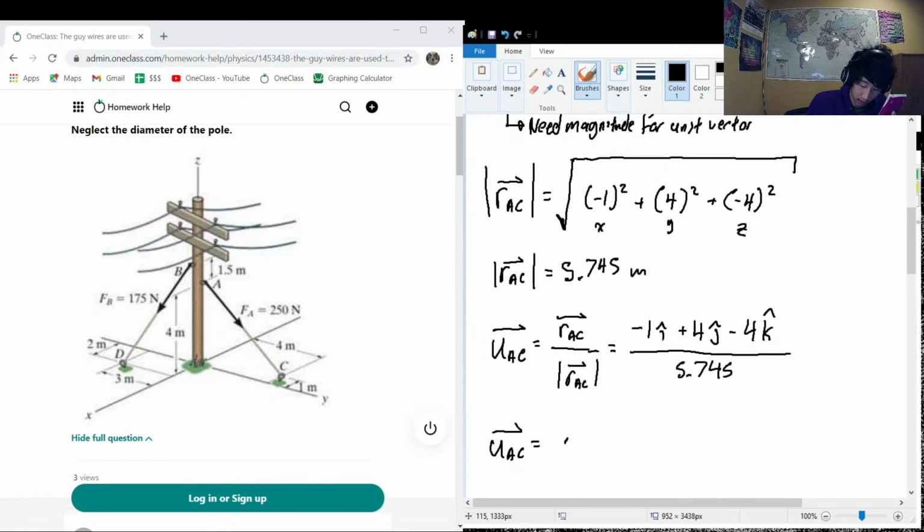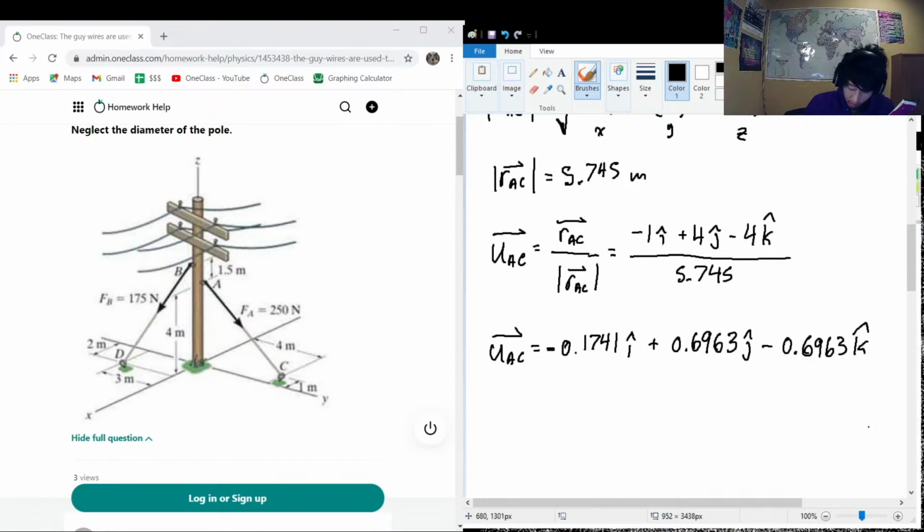So this will be equal to negative 0.1741 in the I direction, plus 0.6963 in the J direction, minus, and it's going to be the same for this one, 0.6963 in the K direction. Okay, so this is our unit vector.